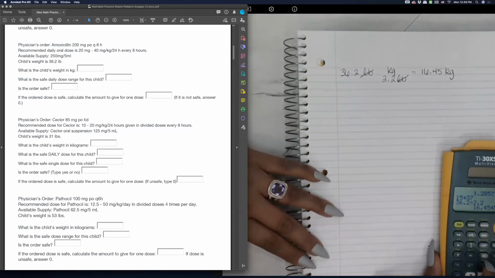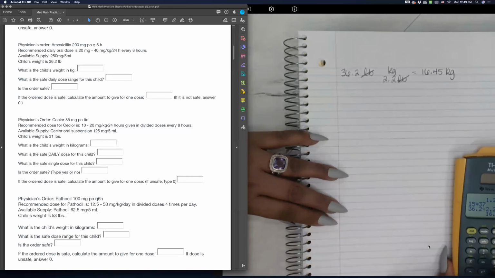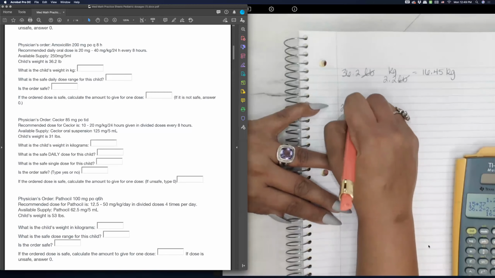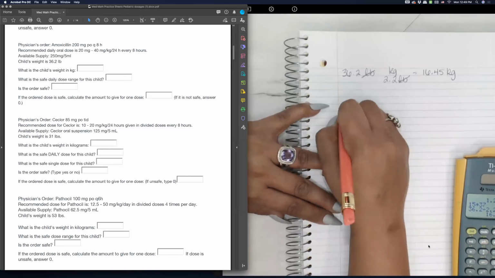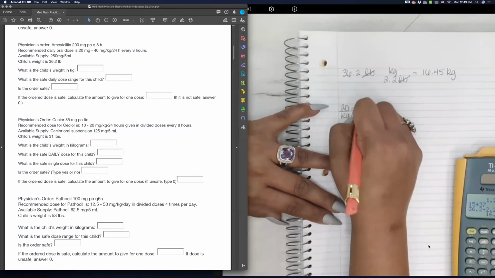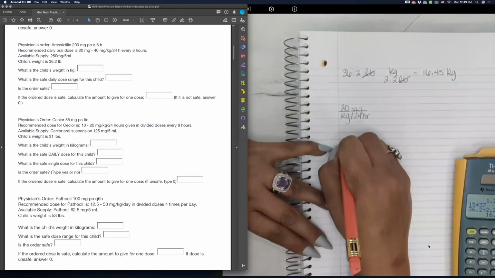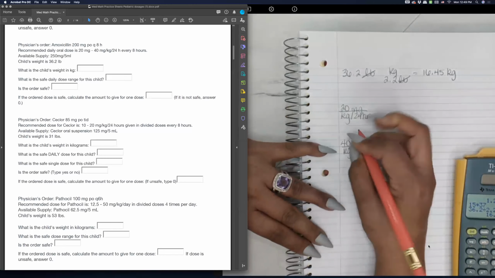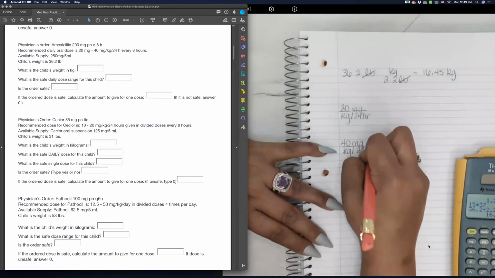Okay, the recommended daily oral dose is 20 milligrams per kilogram per 24 hours. And the upper limit is 40 milligrams per kilogram per 24 hours.